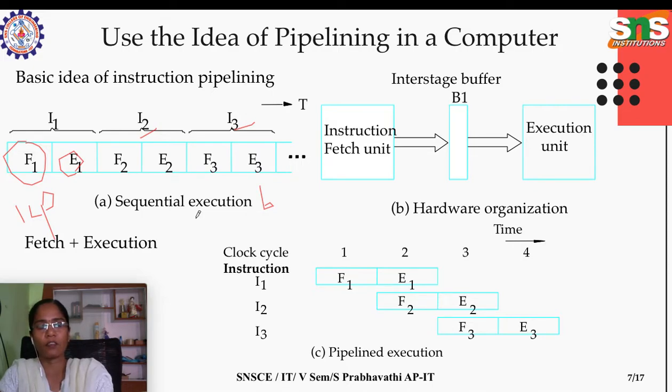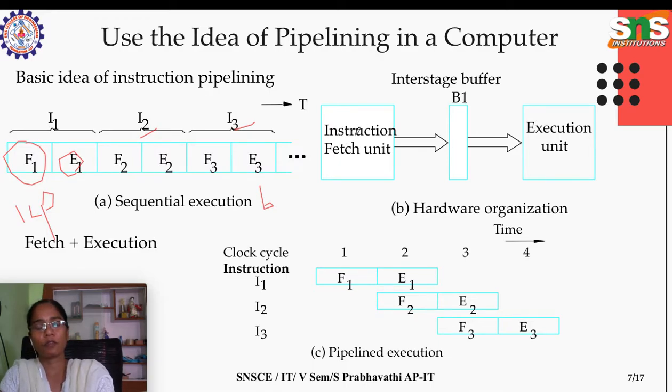And so if we rearrange the concept by overlapping it, overlapping in the sense that instruction fetch is done in a separate unit by the computer and the execution by a separate unit. Okay, so here is the hardware arrangement for pipelining.